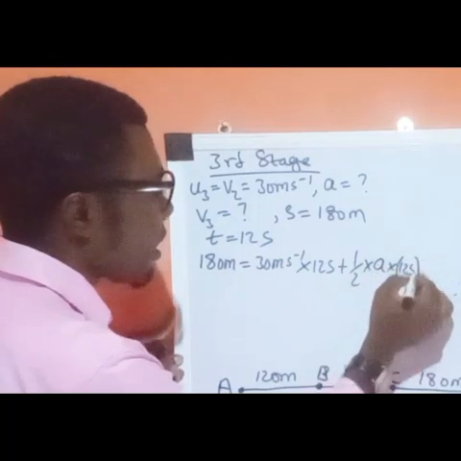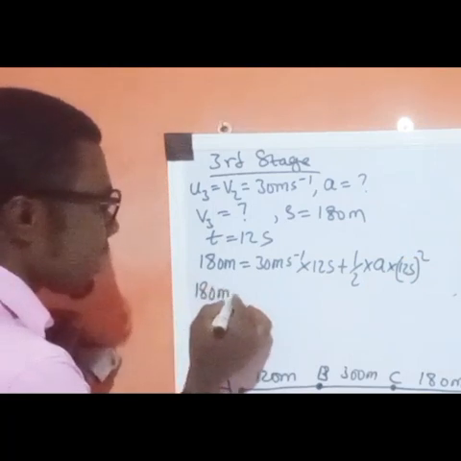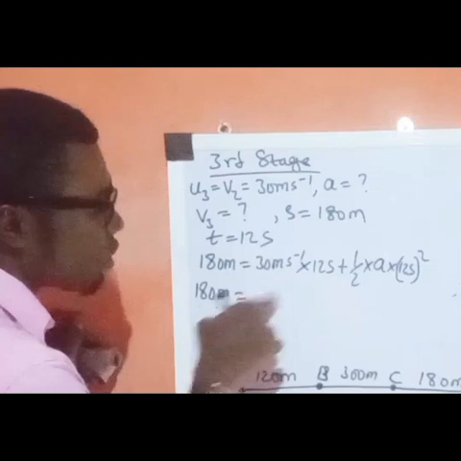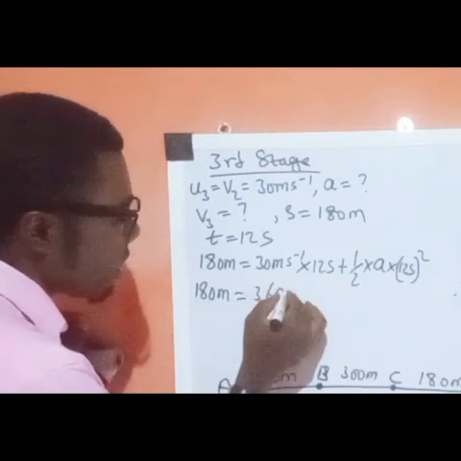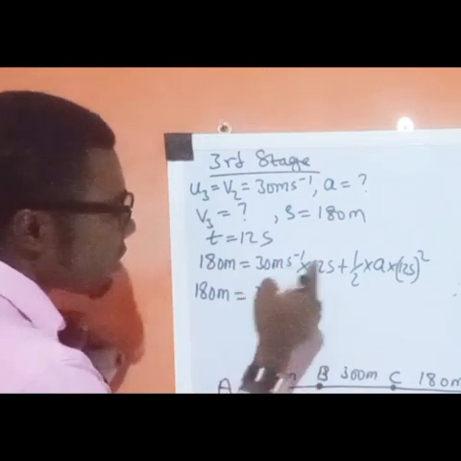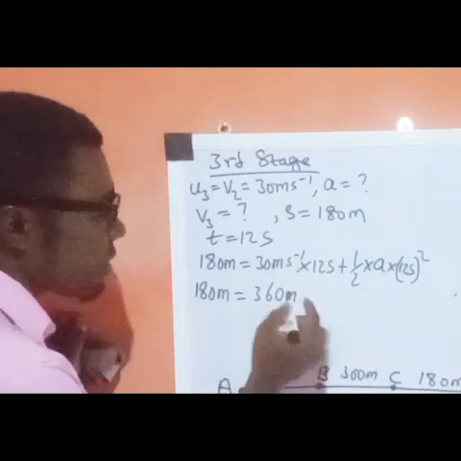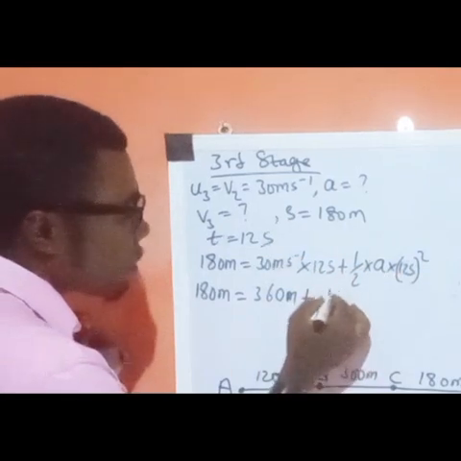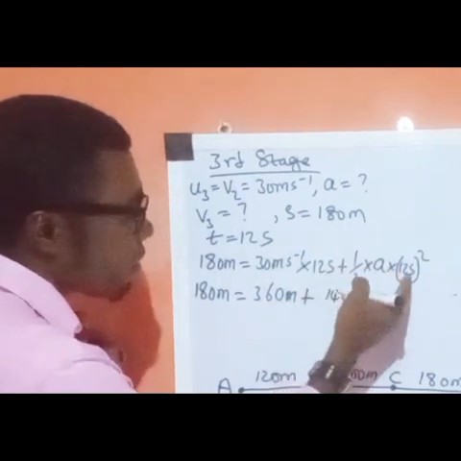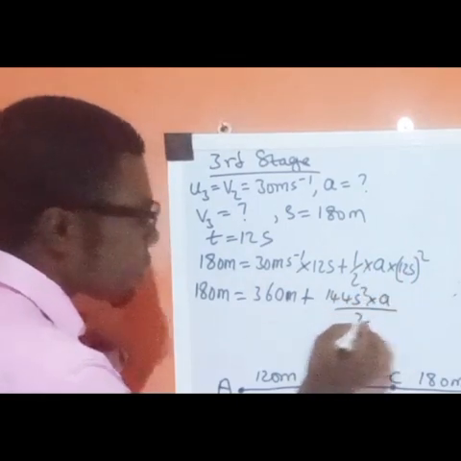Remember, it's t squared, you square it. So 180 meters equals 30 times 12, which gives us 360 meters, plus 12 squared, which gives us 144, second squared, times a, all over 2.